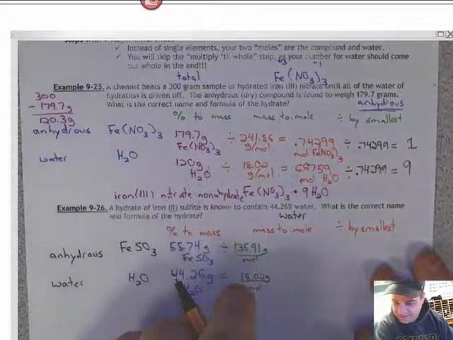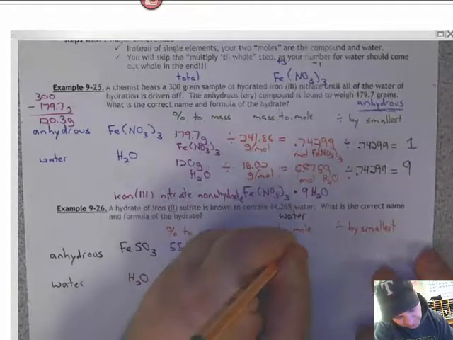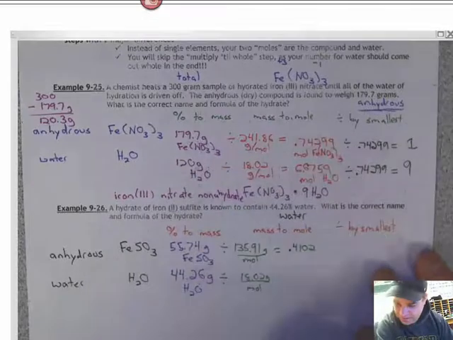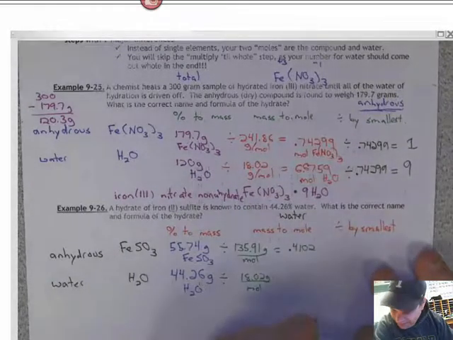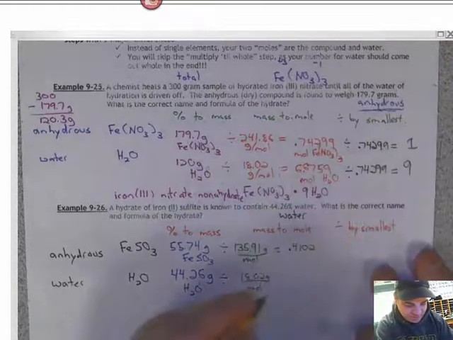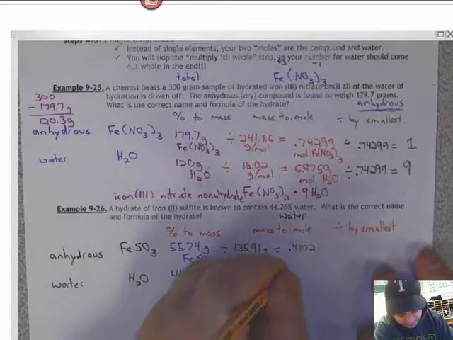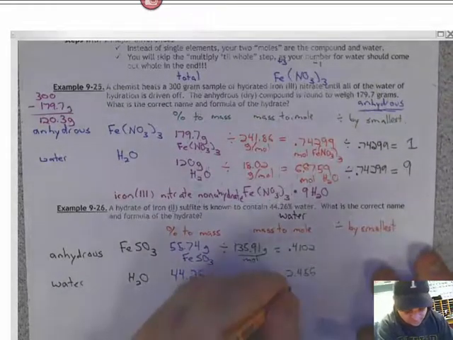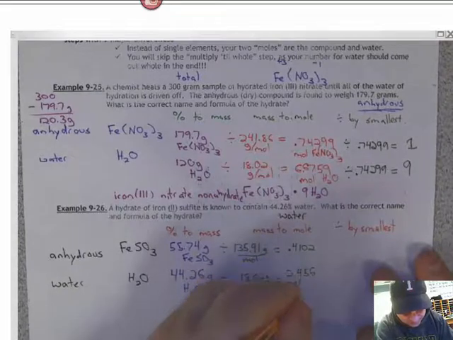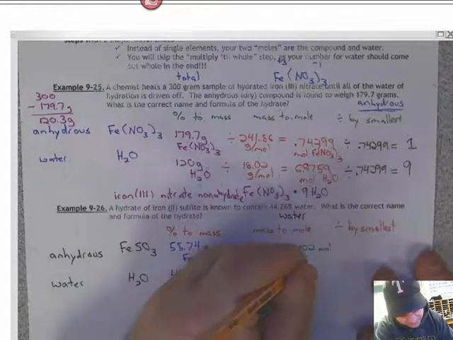When we divide these, according to my work here, I get 4.102. Need at least 4 sig figs when you do that. I usually write out a bunch more because we want to get whole numbers at the end. Here we get 2.456. This is moles of water. This is moles of iron sulfite.